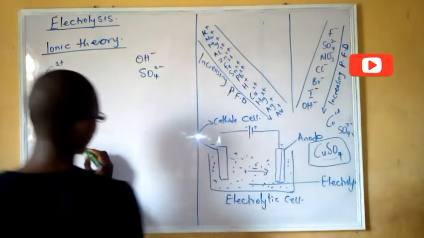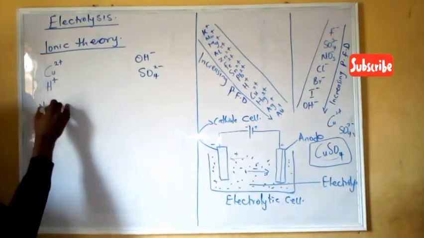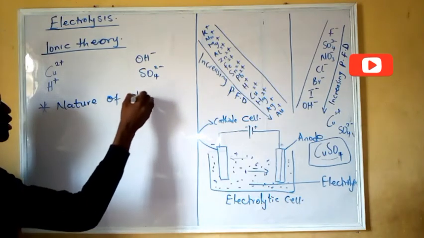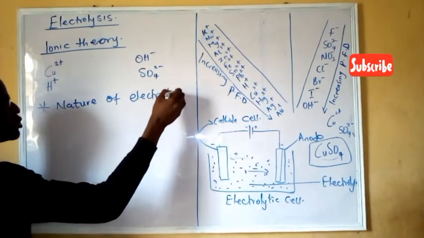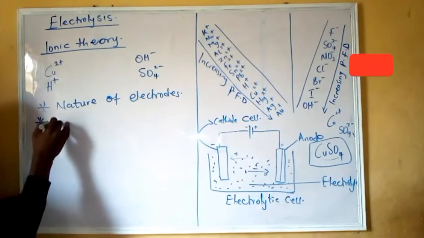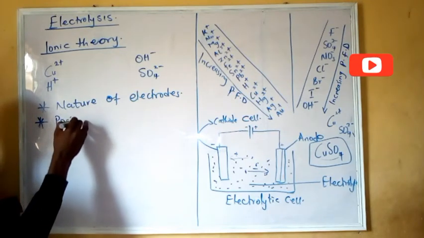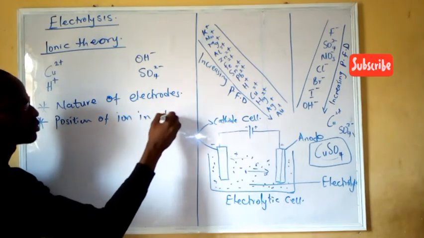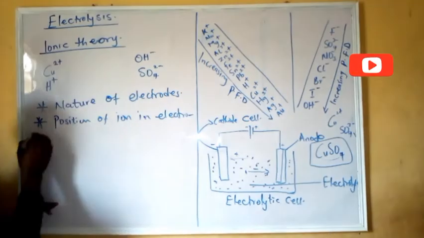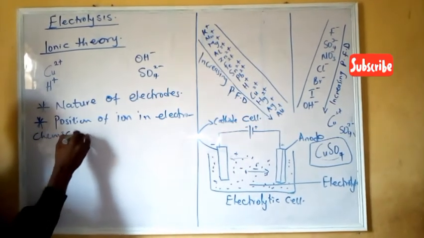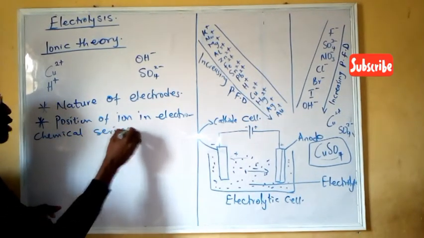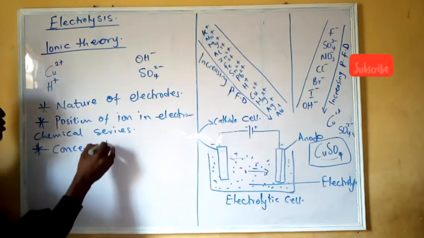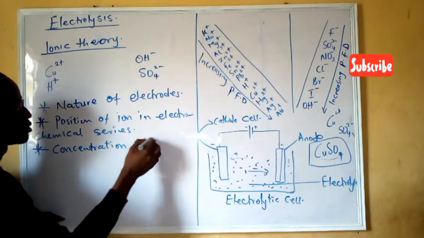We need to consider the nature of electrodes, we need to consider the position of ion in the electrochemical series, and we also need to consider the concentration of ion.